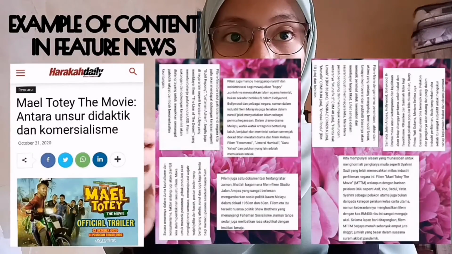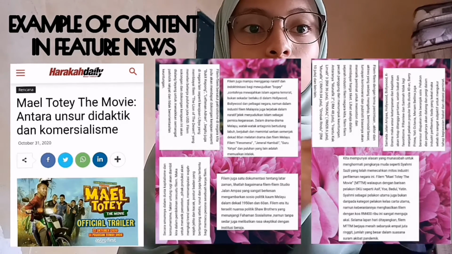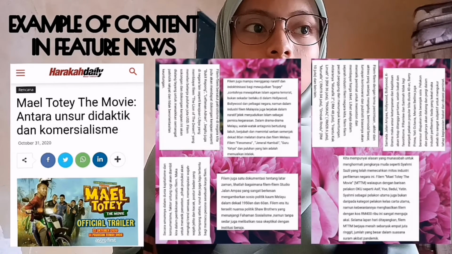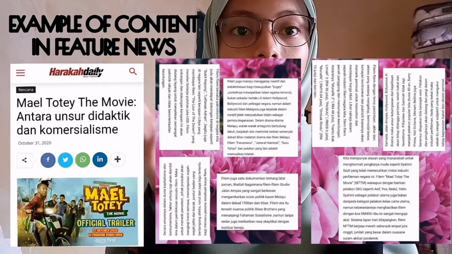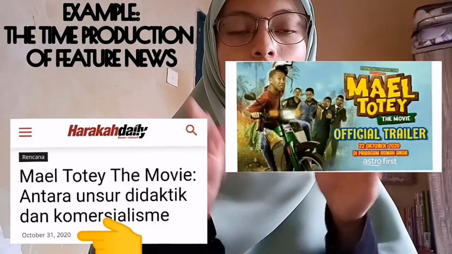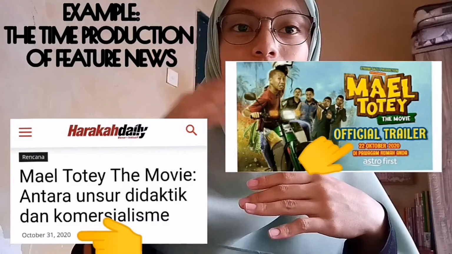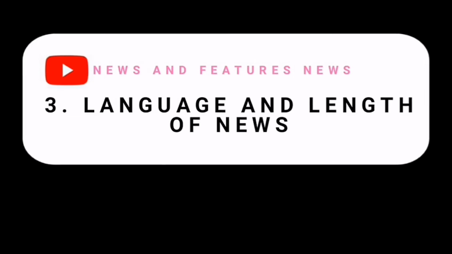The example I attach here is about Ma'il Tote, which gives human interest to the reader, because Ma'il Tote is one of the viral stories that just happened, and the production of the feature story is about 2 or 3 days after the Ma'il Tote release.